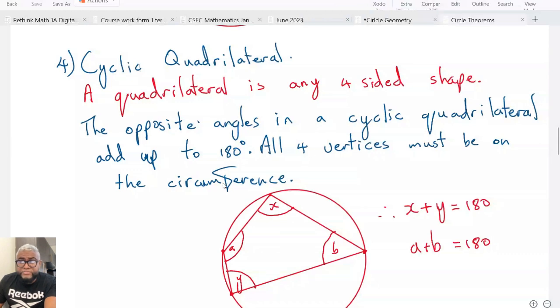All 4 vertices must be on the circumference. These 2 angles are opposite, so A plus B equals 180, and X plus Y adds up to 180 degrees.